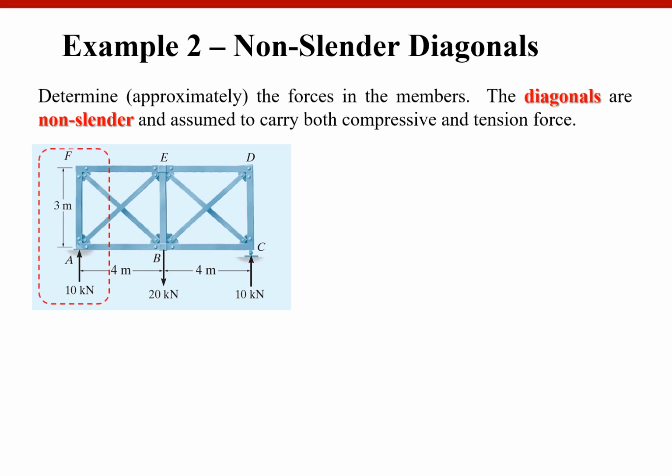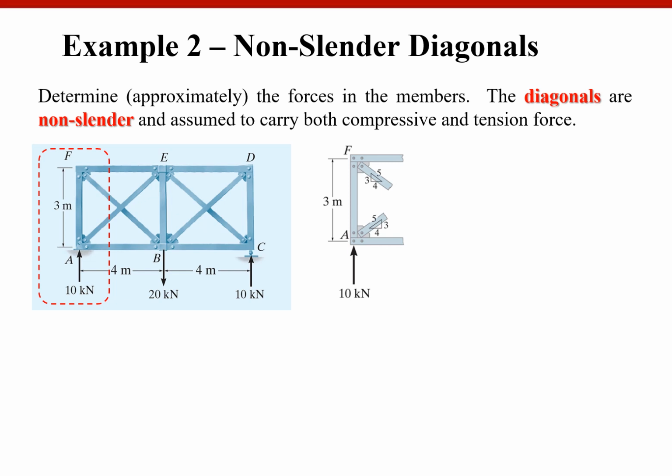Okay, let's make a cut here. Of course, make sure that you already got your reactions. Otherwise, your free body diagram is not in equilibrium, and all the subsequent calculation will be wrong. So please make sure your free body or entire structure are in equilibrium.